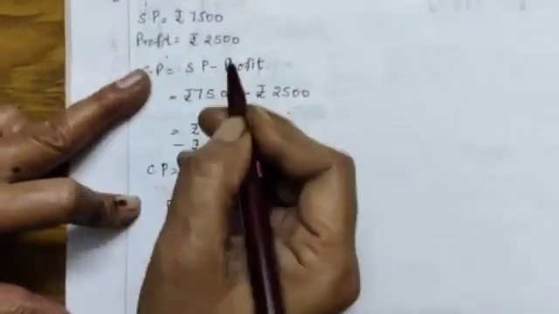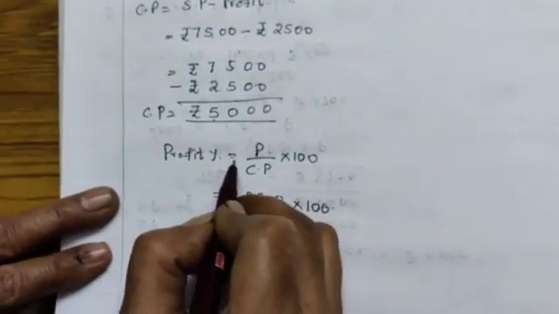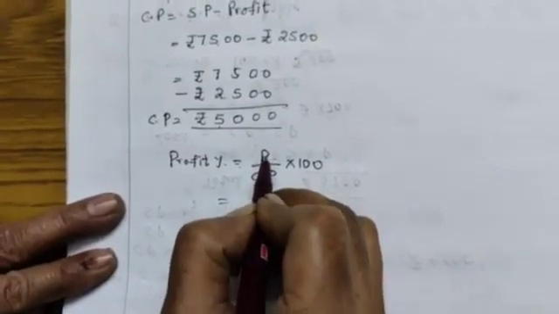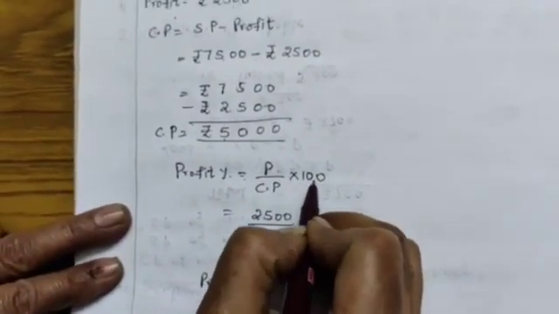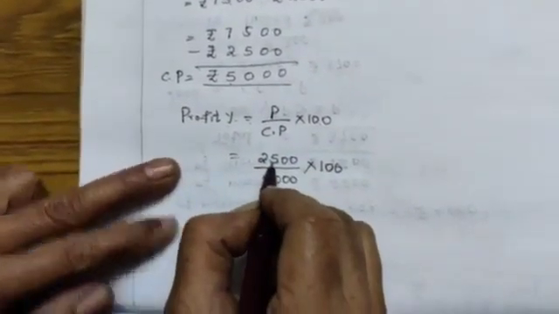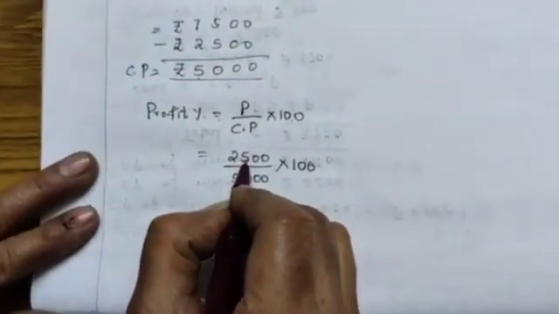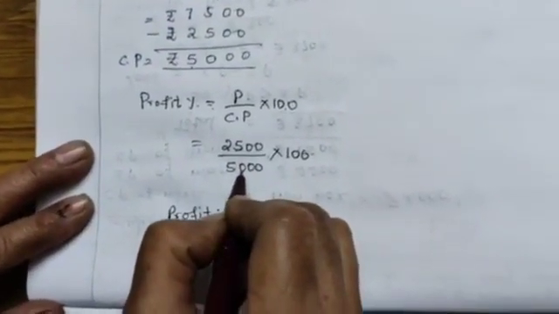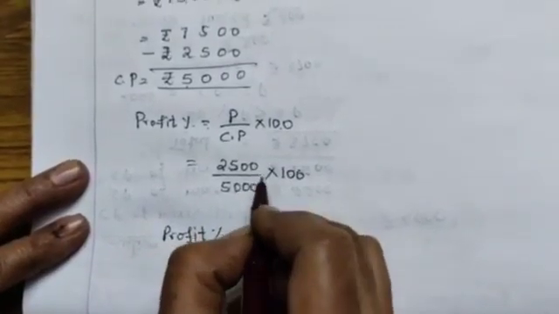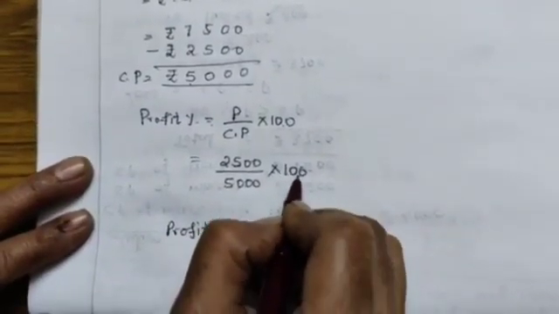Here he got profit. So profit percentage is profit divided by CP into 100. Profit is 2500. Cost price is 5000, into 100.